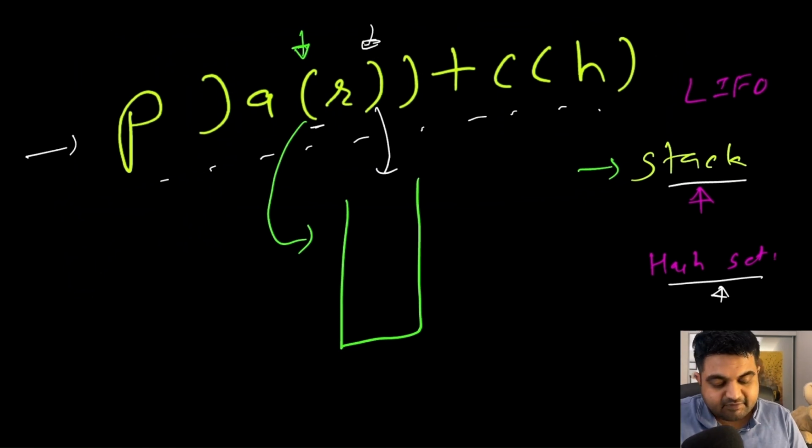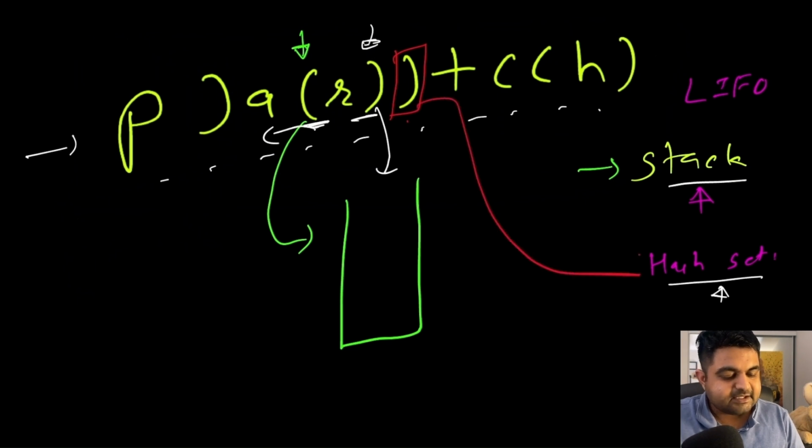If it does, we are simply going to pop that parenthesis out, marking that this entire pair is going to be considered valid. Now for some peculiar case where we identify that there exists a closing parenthesis but there is no opening parenthesis, then this needs to go to the set because this is an invalid entry. And using this logic we would be able to solve this problem quite easily.